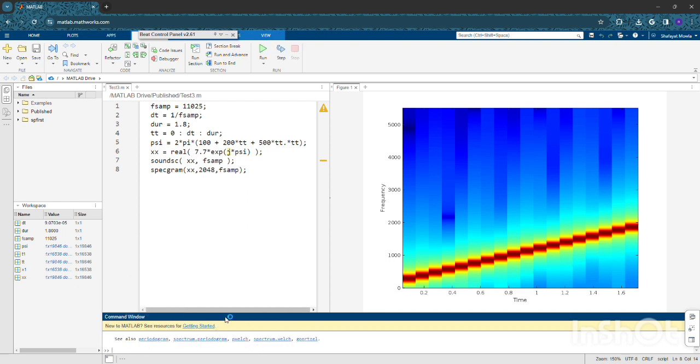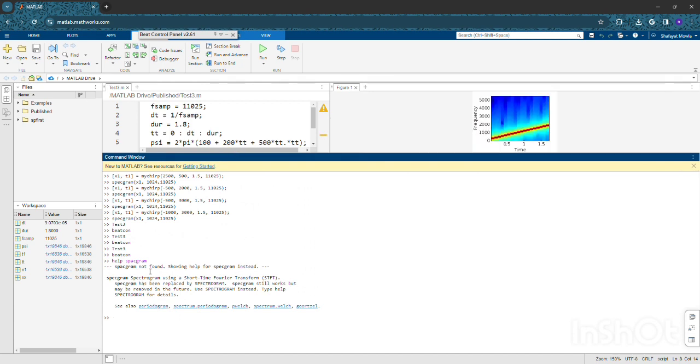If you seek help, it will tell you that a spectrogram is a short-time Fourier transform. The older spectrogram function has been replaced by a newer one, so you can also seek help for that, but we will use this one here because it's easy to use.